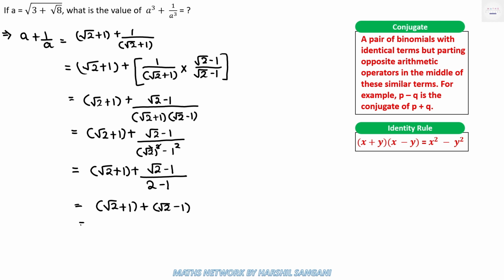Now guys, we open up the brackets and we will get root 2 plus 1 plus root 2 minus 1. Here the positive and negative one will get cancelled. And guys, we get a plus 1 upon a equal to 2 root 2. Guys, we mark this up because we will be needing it later.